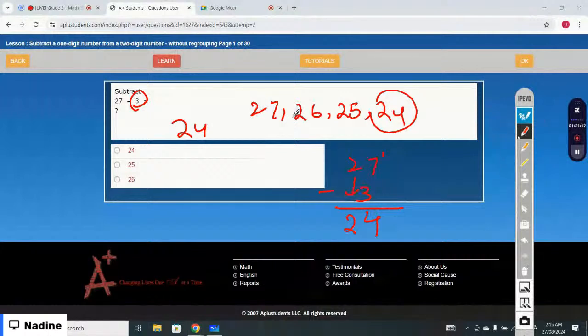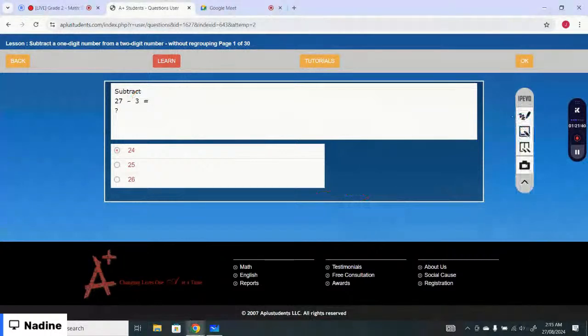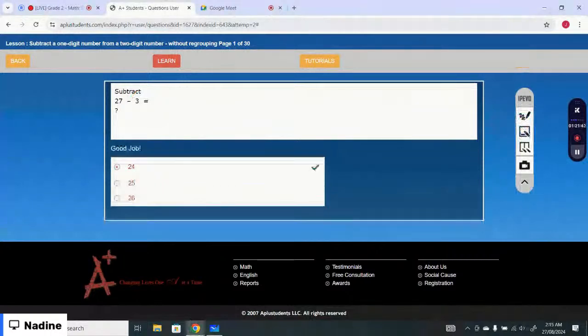So here are the two ways you can subtract. Either you do backward counting, or you subtract them by writing them down one above the other. So the correct option is 24. Option number 1 is the correct option.